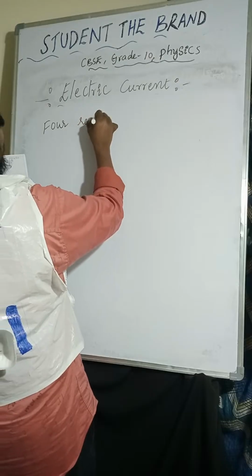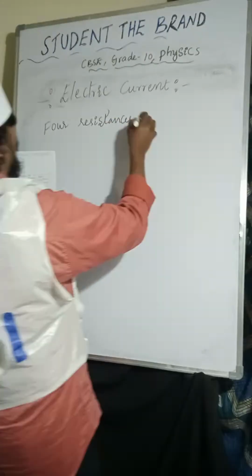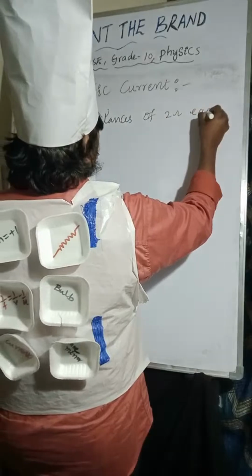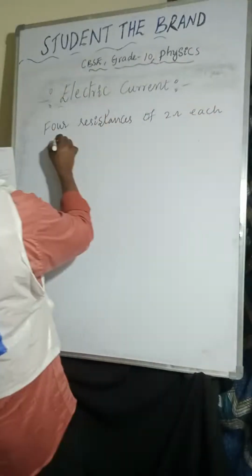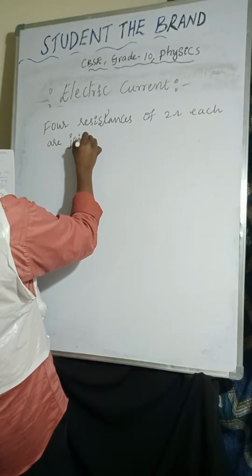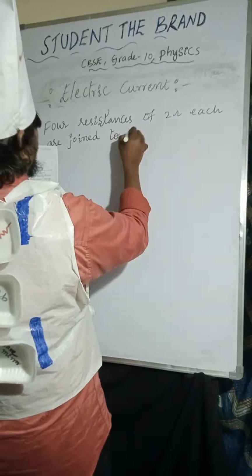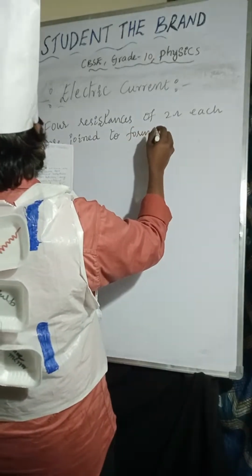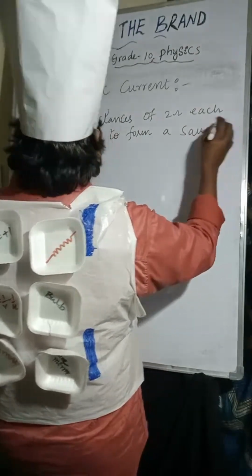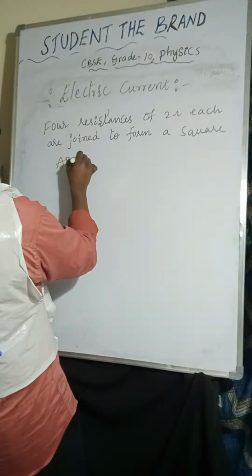Four resistances of 2 ohm each are joined to form a square ABCD.